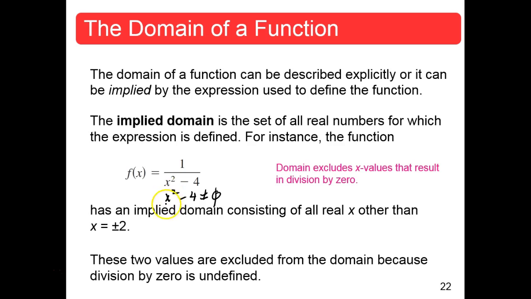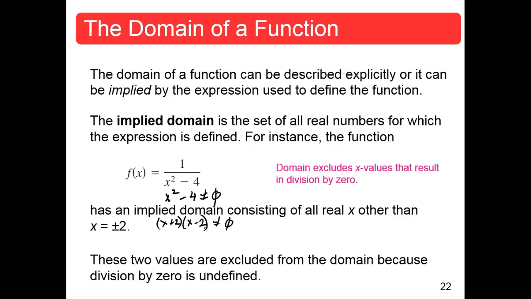Then, guess what we do with this? It's a quadratic, so what's the F word? Factor. This cannot equal 0. Can we factor x squared minus 4? Yeah. How? X, what? X plus 2 times x minus 2.